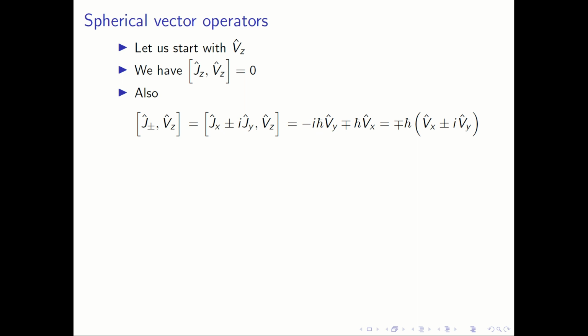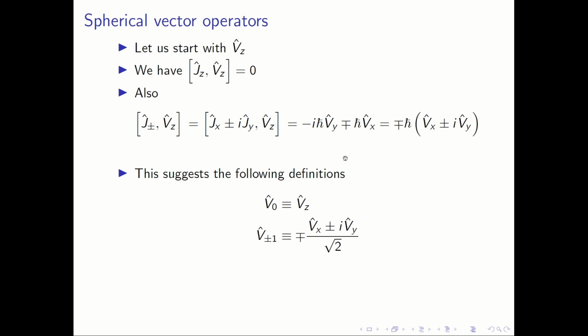What I will do is I will define a set of three operators V0, V plus 1 and V minus 1 by this. V0 is our very own Vz operator, but these two combinations that we get when you apply J plus minus on V0, apart from the ħ factor and with an additional root 2 thrown in for reasons that will be clear very soon, these are what you call V plus minus 1.